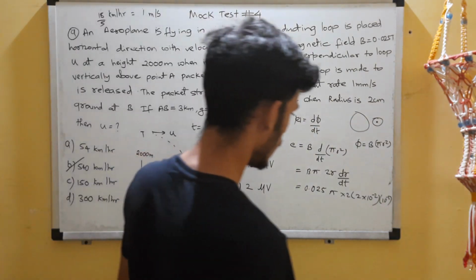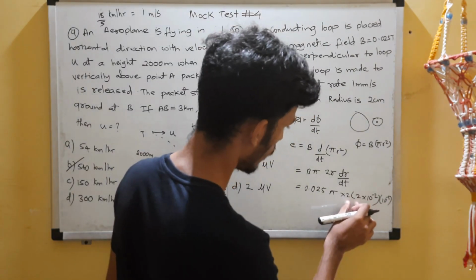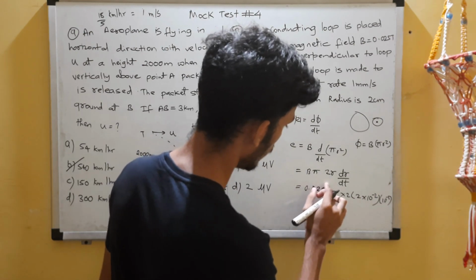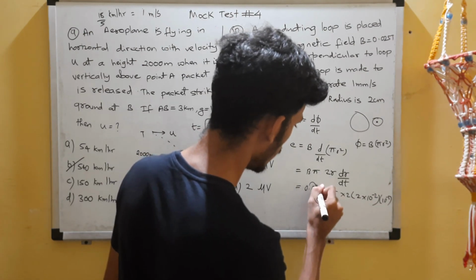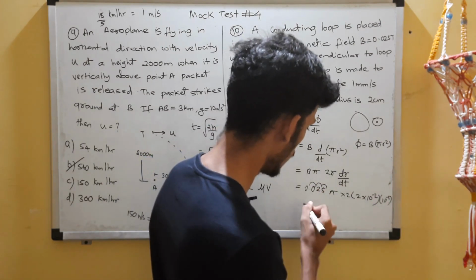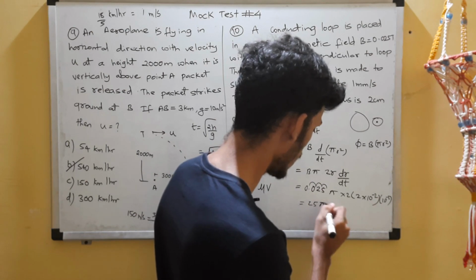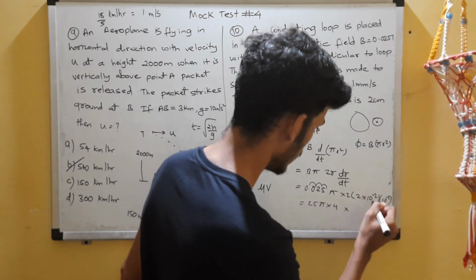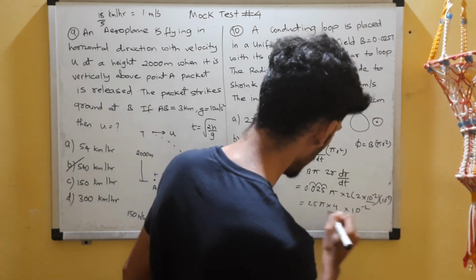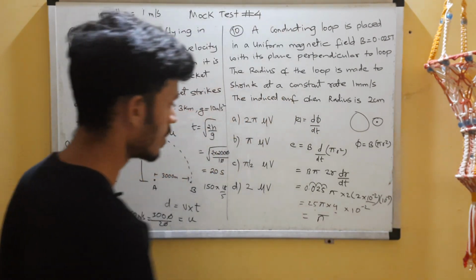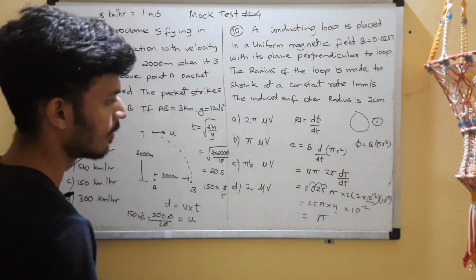So this is 4, and 10 to the power 3, this and this will get cancelled, 25 into pi into 4, and we also have 10 to the power minus 2. 25 into 4 is 100, 100 into 10 to the power minus 2, are we missing something?